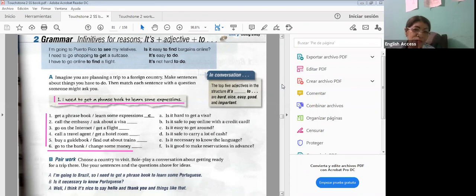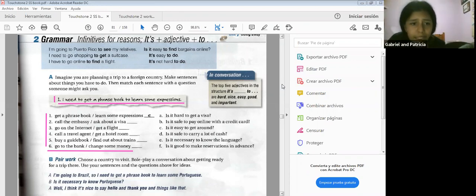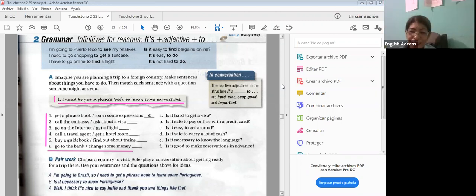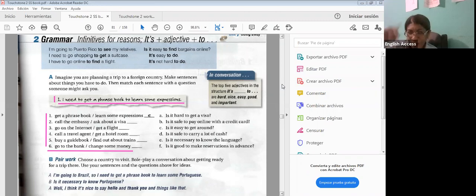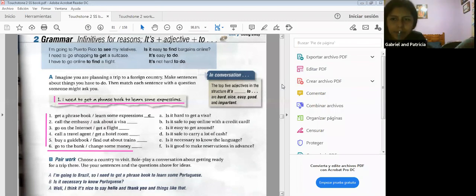Is it hard to get a visa? I need to call the embassy. Just follow the example. I need to call the embassy.